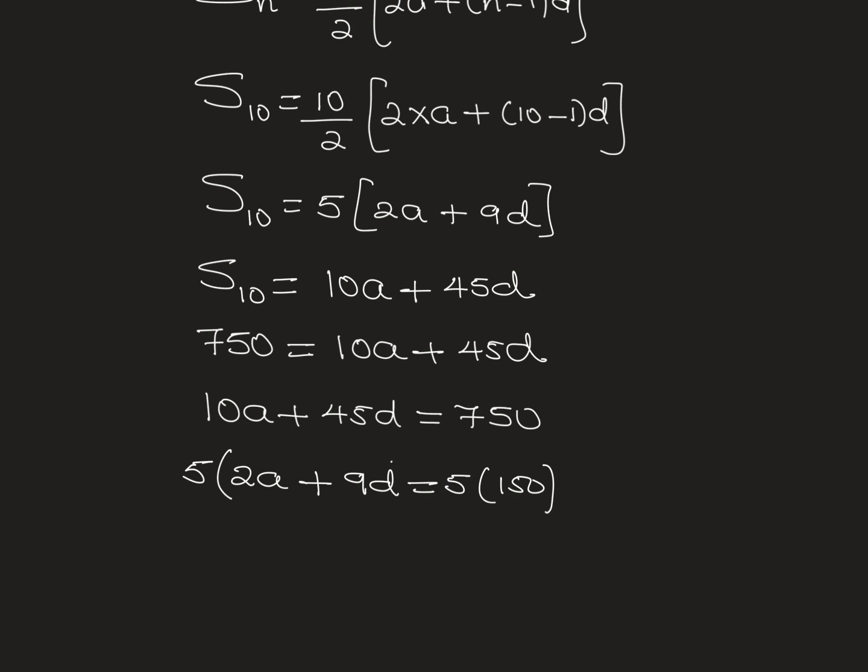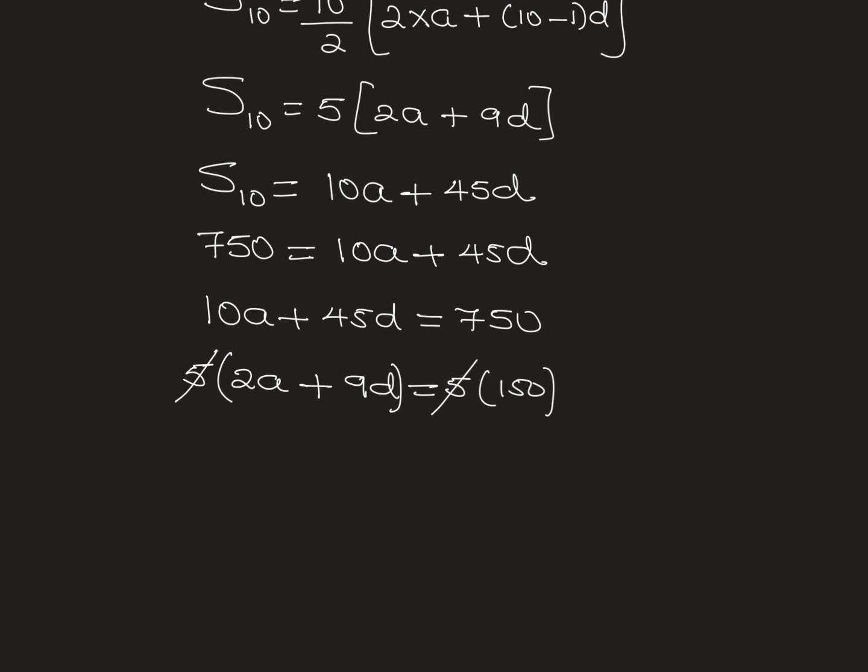The 5s cancel, so the simplified form is 2a plus 9d is equal to 150. You can call this equation 1.